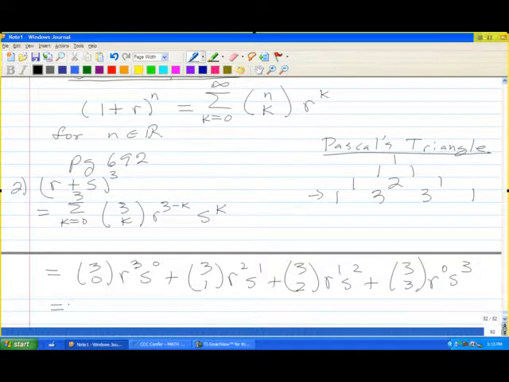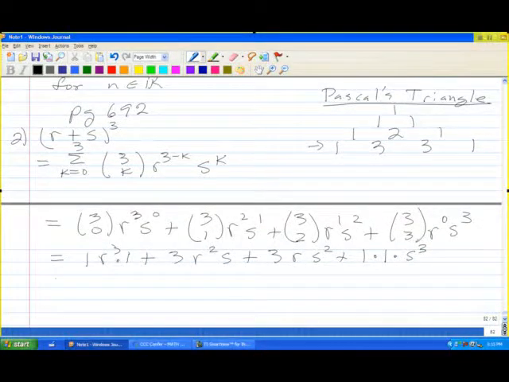And so 3C0, as I said, was 1, and s to the 0 is 1. 3C1 was 3, r squared s. 3C2 again was 3, r to the first s squared. 3C3 is 1, r to the 0 is 1, s cubed.